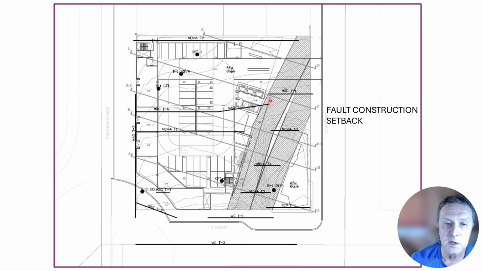That means this gray area here, I think 25 feet on this side, 25 feet on that side. So you cannot build anything within this construction setback zone because it's a hazard zone that's been set aside due to the possibility of fault rupture, which means if an active fault moves, it will rupture the ground. If you have a structure sitting on top of it, it will rupture that structure. So you stay out of there. And you can build over here, and you can build over here.